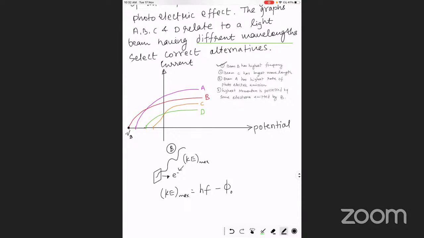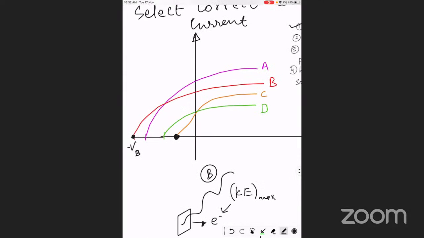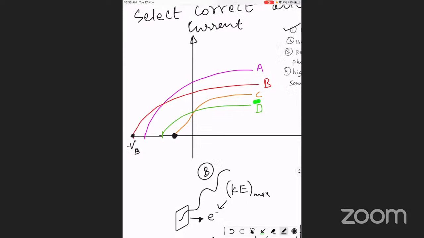Right? Now let's talk about beam C. Beam C has longest wavelength. Longest wavelength means smallest frequency. Could you understand that? Now stopping potential is minimum for C. As you can see, stopping potential is the minimum for C. Means frequency of beam C is minimum, means wavelength is maximum.